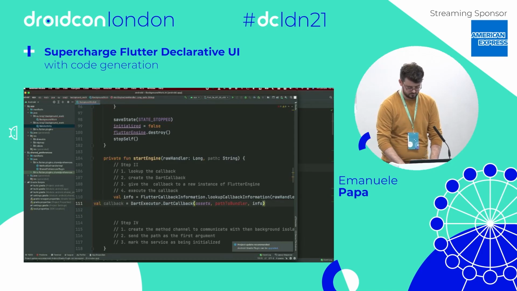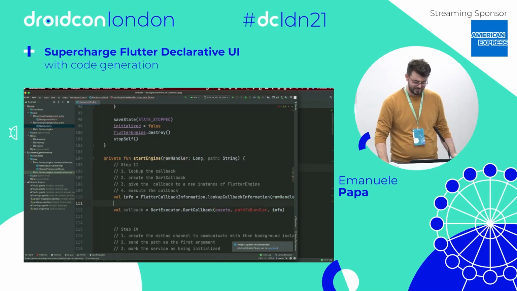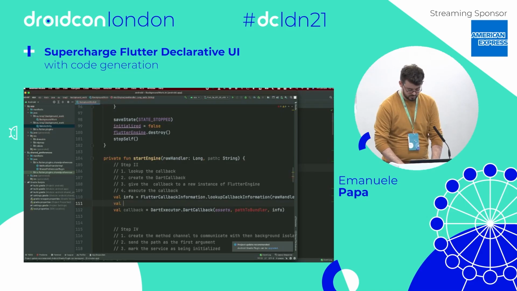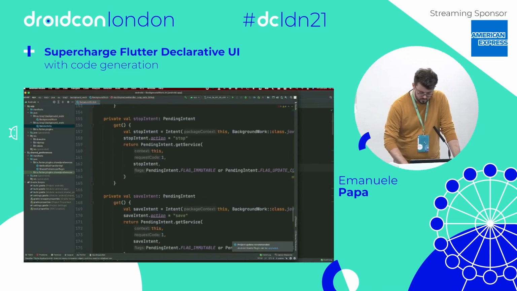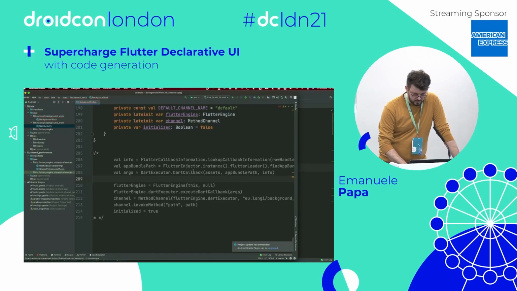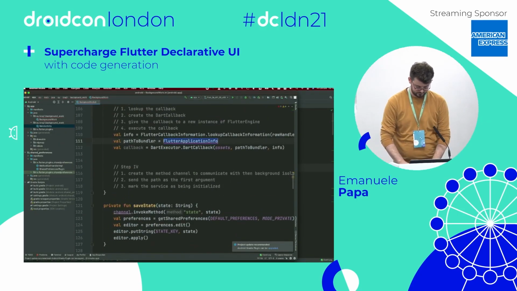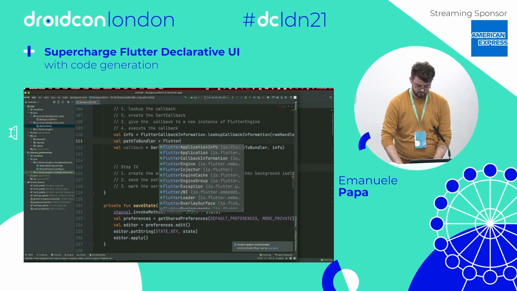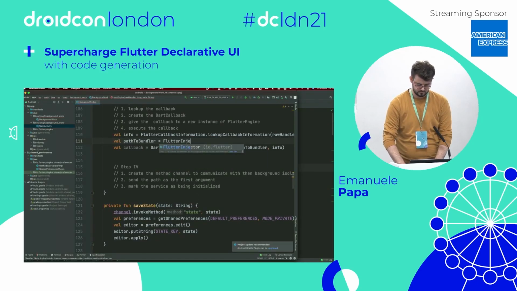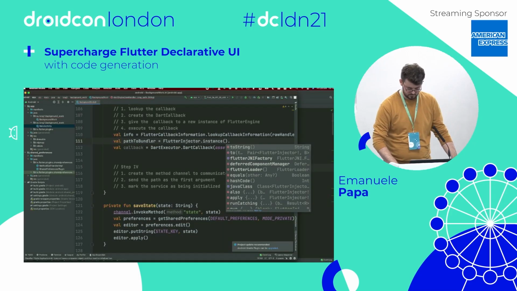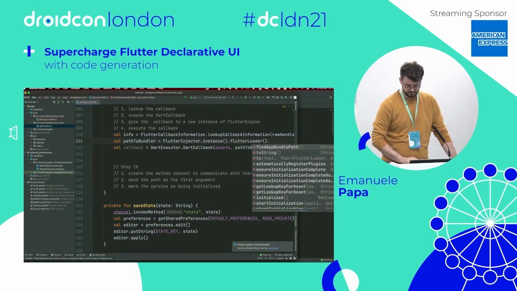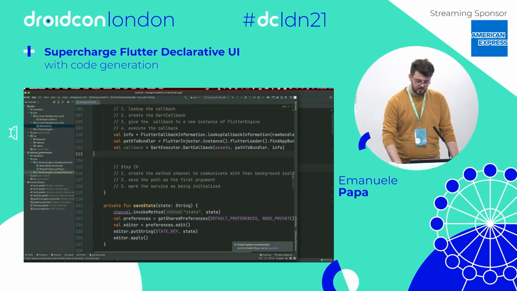Oh, sorry, no semicolons. This recently changed, so Flutter injector, instance loader, and then app path. Okay, so now we have the callback.